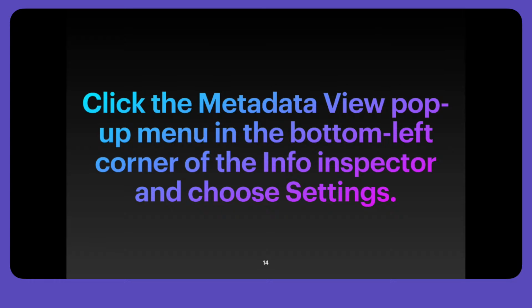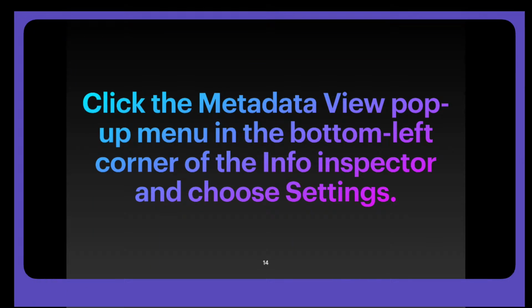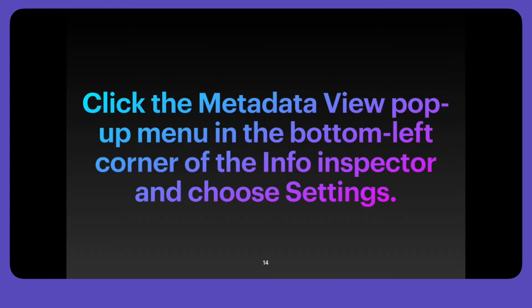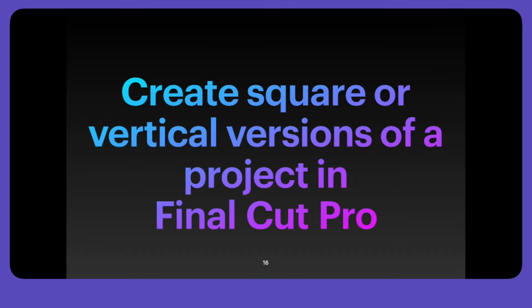So if you have ProRes RAW, there's now settings inside of Final Cut for ISO, exposure offset, camera color temperature for ProRes RAW. I don't have any ProRes RAW right now, so I took a screen grab.